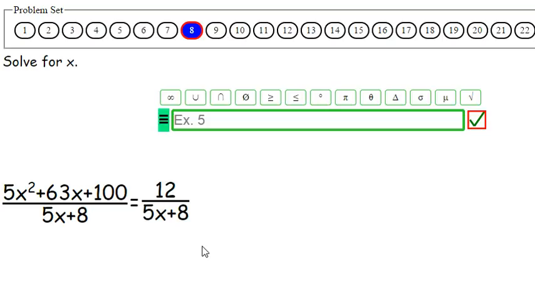5x squared plus 63x plus 100, and that's all over 5x plus 8, and that's equal to 12 over 5x plus 8. Okay, got that.